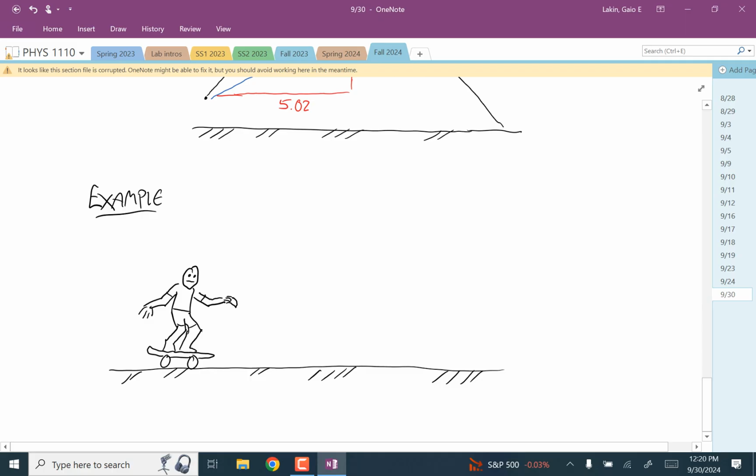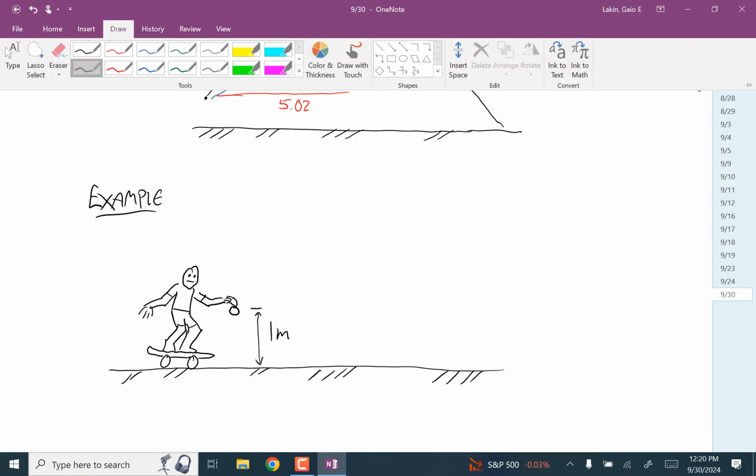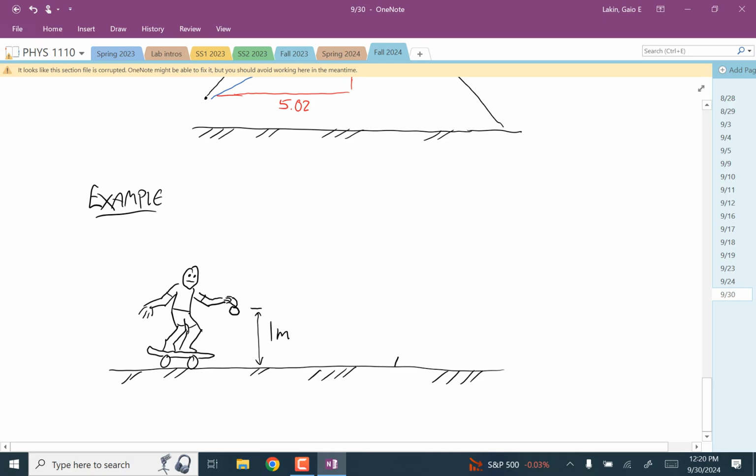And at some point, you drop an object from 1 meter off the ground. And over here somewhere is a little cup that has a height of 15 centimeters or 0.15 meters. And the question is, so 5 meters per second is the speed.